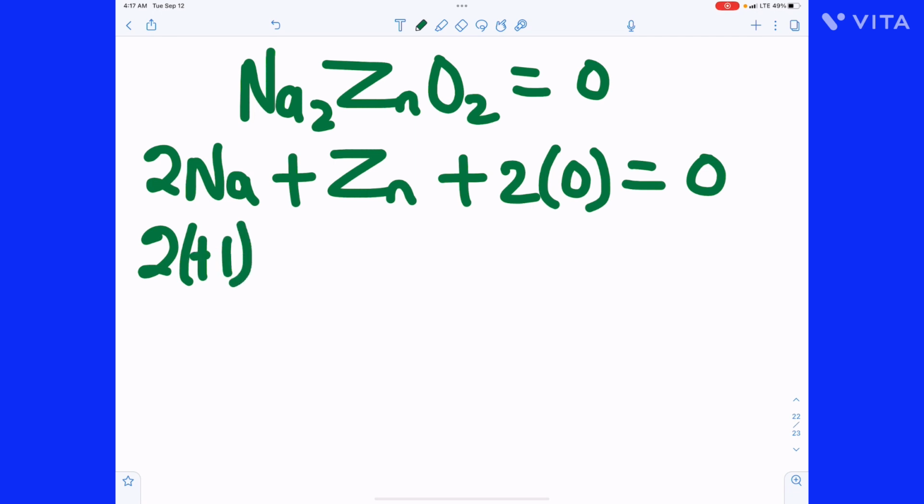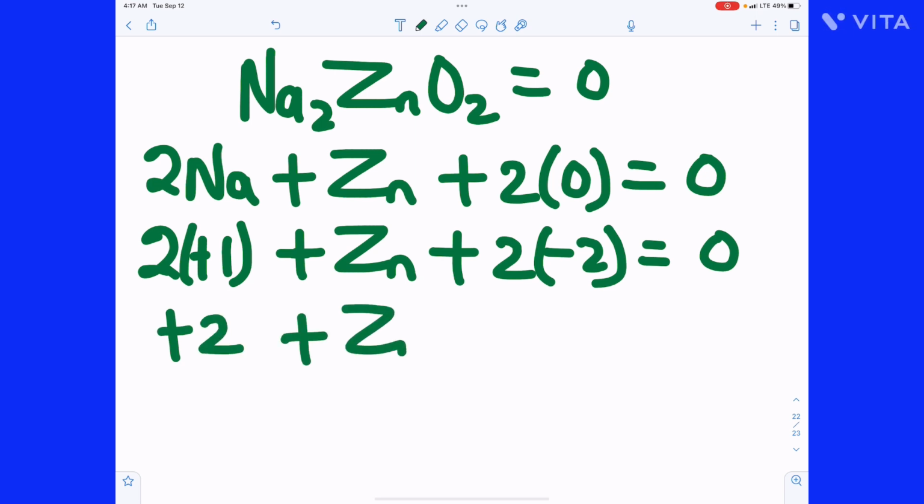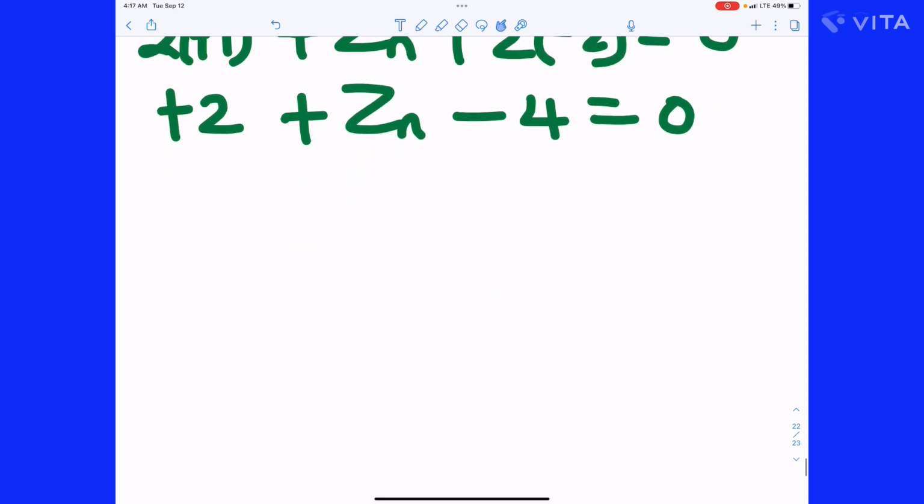So 2 times plus 1 plus Zn plus 2 times minus 2 is 0. So plus 2 plus Zn minus 4 is equal to 0.